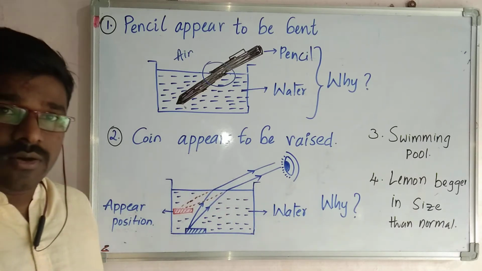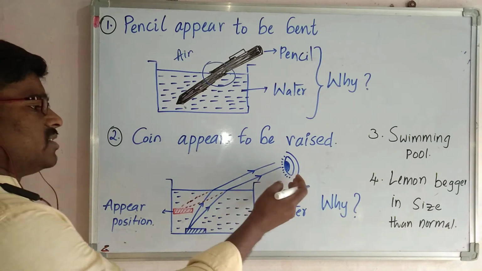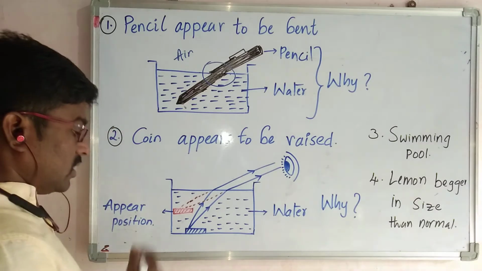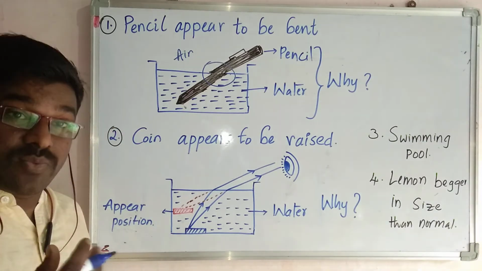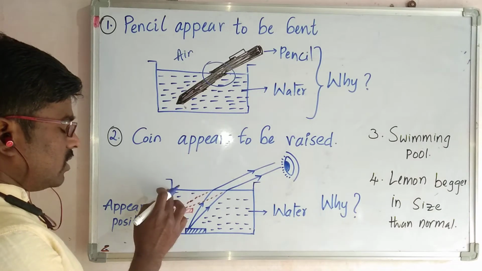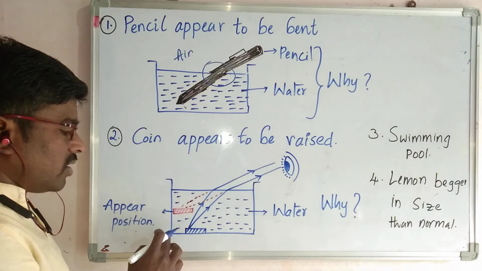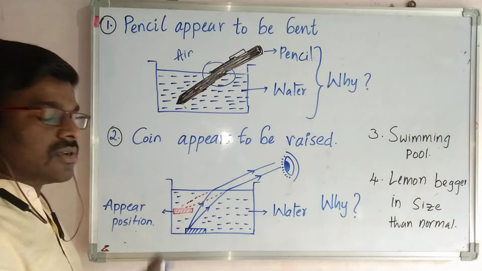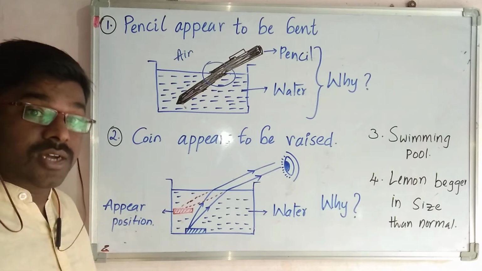Now, if you observe from one side of this glass tumbler, you will feel this coin appears to be raised. That means it is, let's say, 500 centimeter depth, but this coin appears less than that.